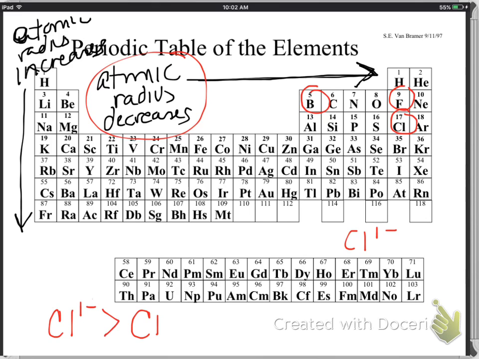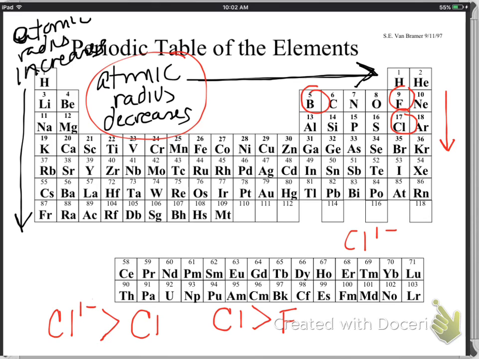So we're going to see the chlorine ion is larger than the neutral chlorine atom. If we look at chlorine and fluorine, neutral atoms of each, which one will have the larger atomic radius? We know that as we go down a group, radius tends to increase. So chlorine will have a larger radius than fluorine.